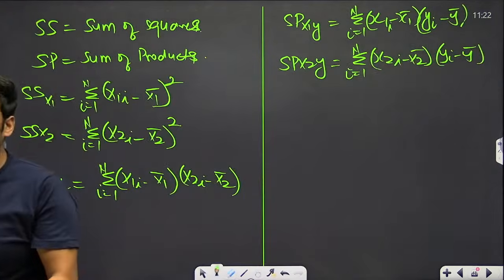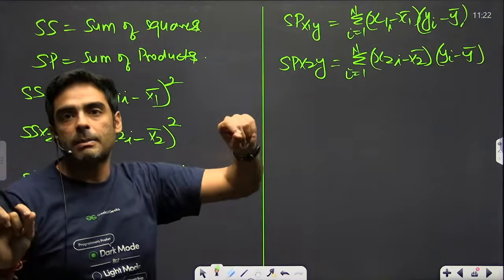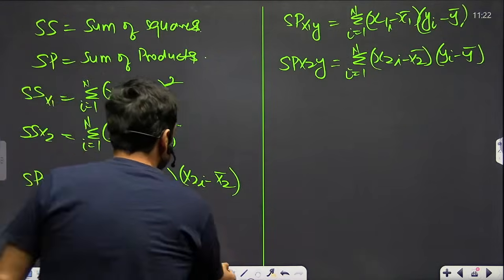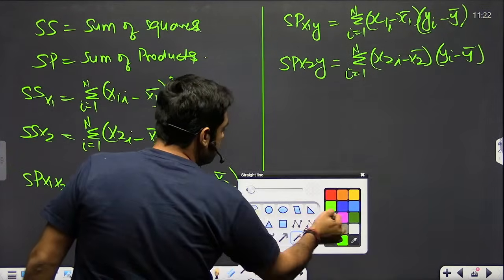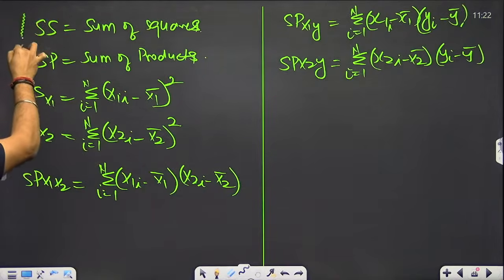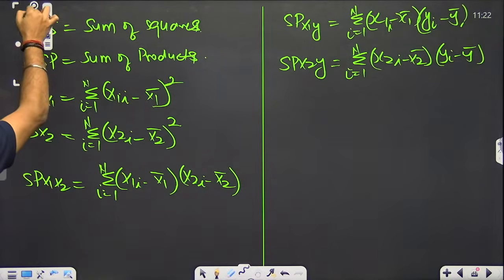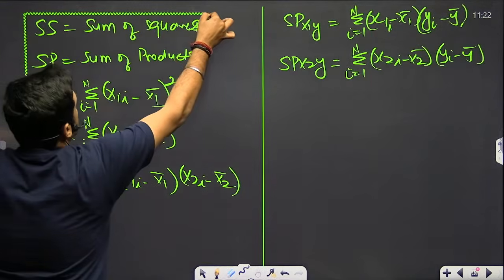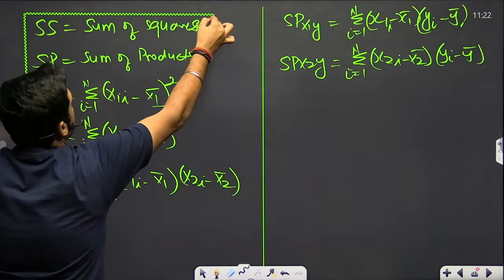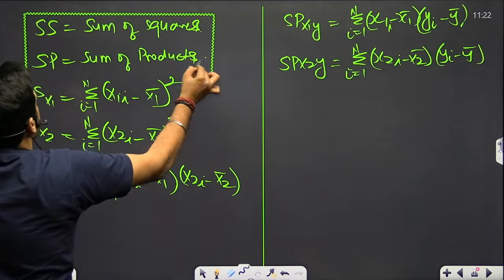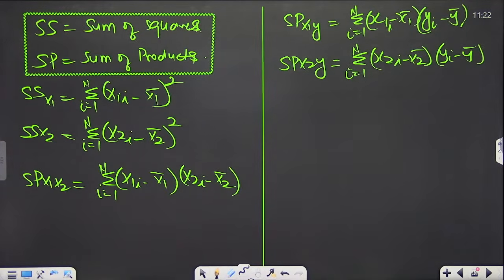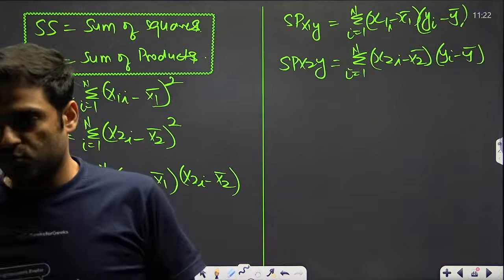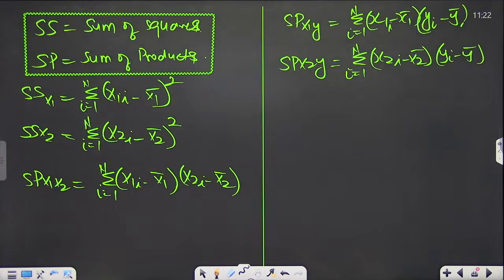Look, it is a bit difficult, I understand, it is a bit tough to remember. But if you write it in the formula sheet, I don't think it is much difficult to remember. Please take a note of it, write it in the formula sheet and revise it.